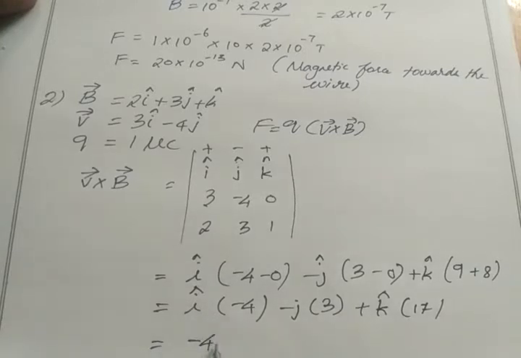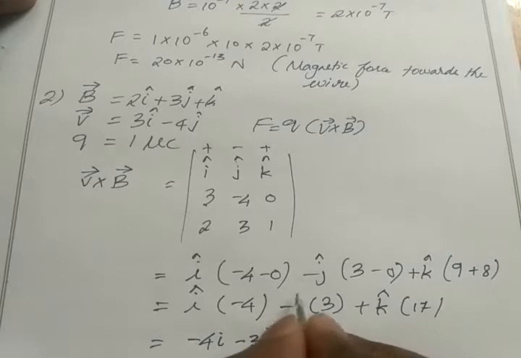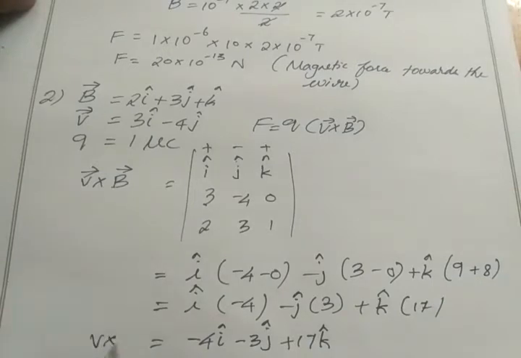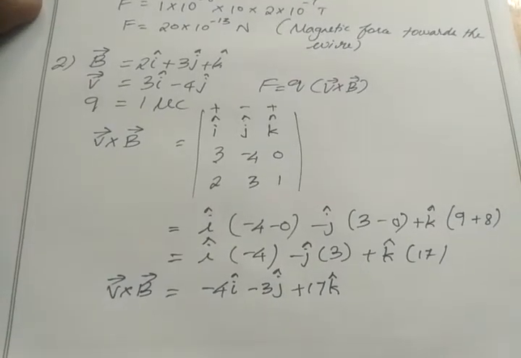So minus 4i minus 3j plus 17k. So this is my V cross B.